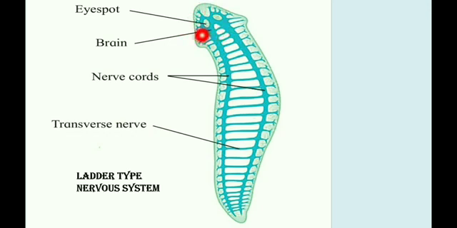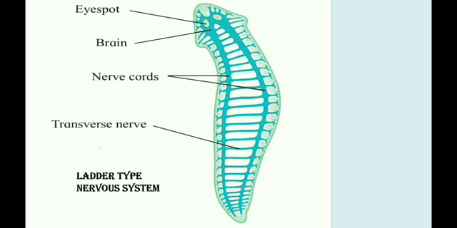You can see here the brain. Brain is also called cephalon. So this is the cephalic ganglion, which appears like an inverted U-shaped brain. This cephalic ganglion lies in the head region.